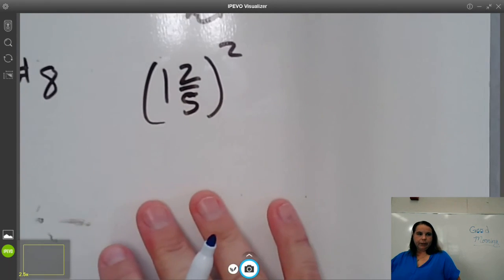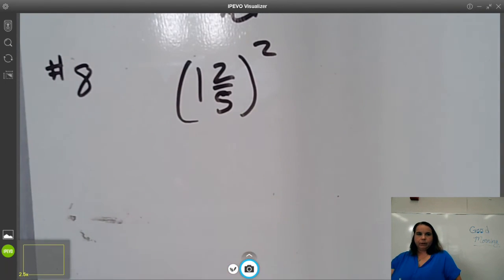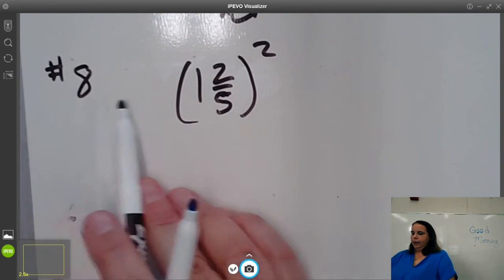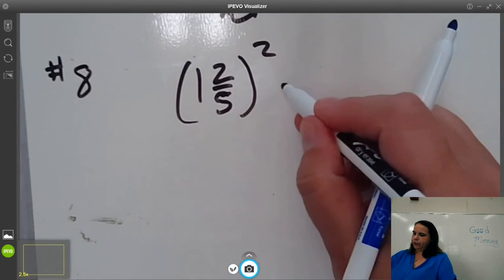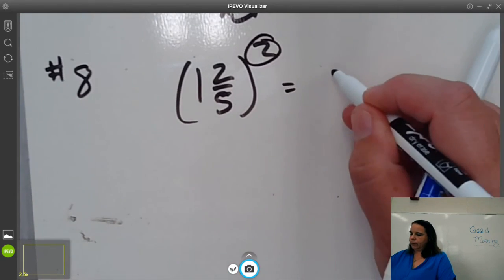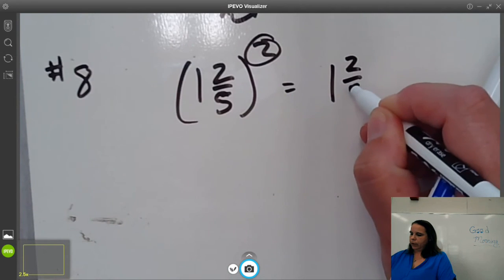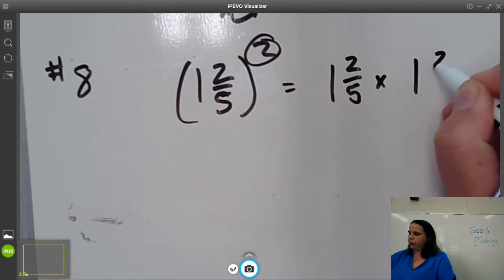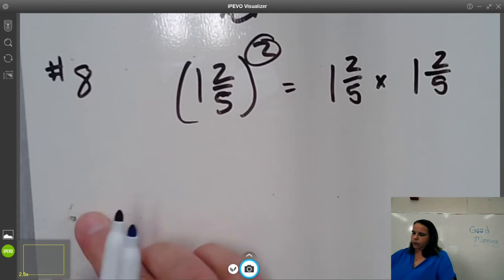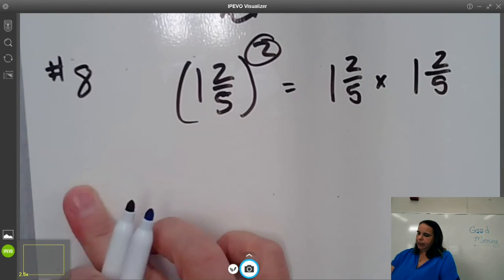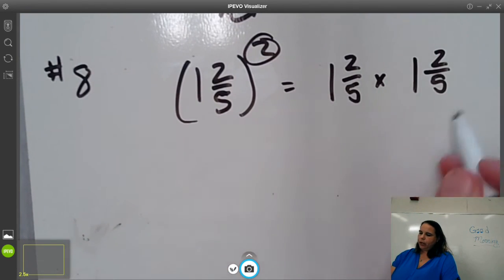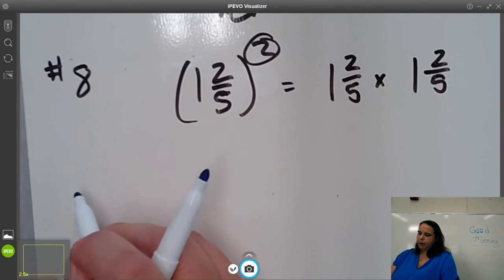1 2/5, so we're looking at number 8. Number 8, 1 2/5 squared. So when you see this, we're going to square that number. That's just 1 2/5 times 1 2/5. When we multiply mixed numbers, we want to change them to improper fractions.